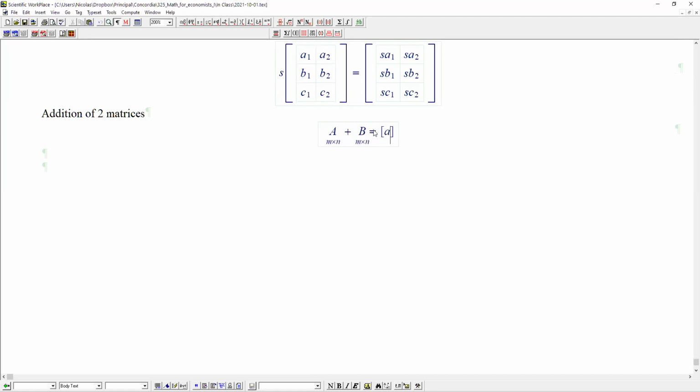So I get Aij plus Bij, which is another way of writing the same matrix A, plus Bij, equals... each element is added in pairs.